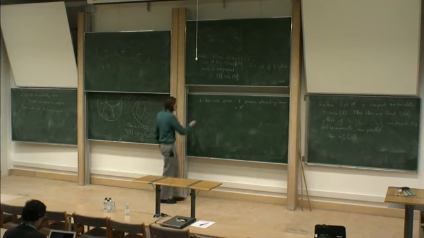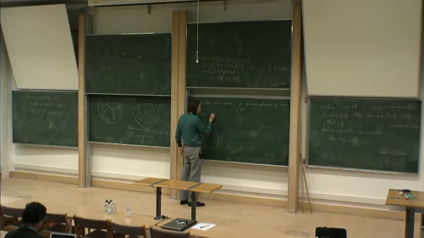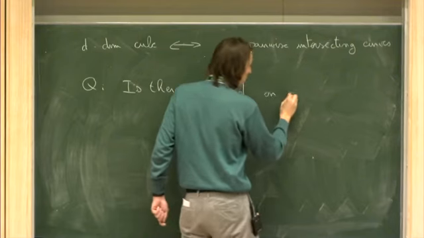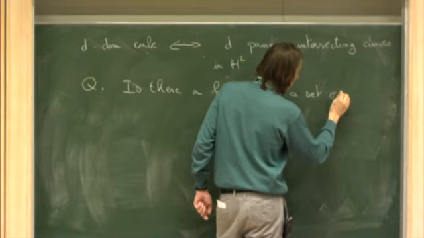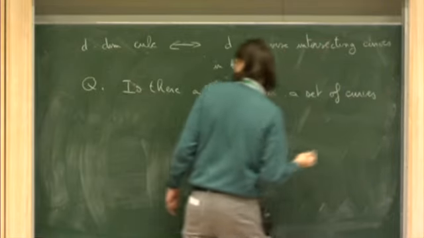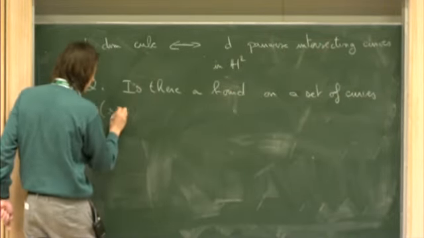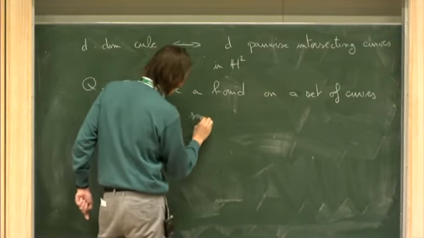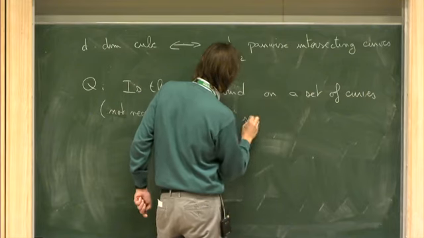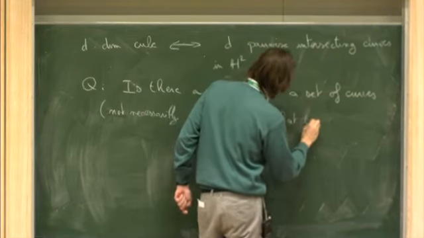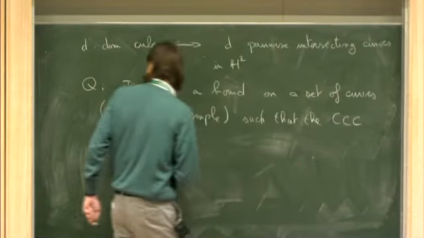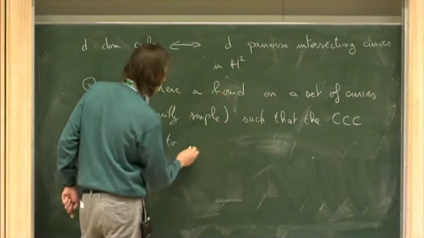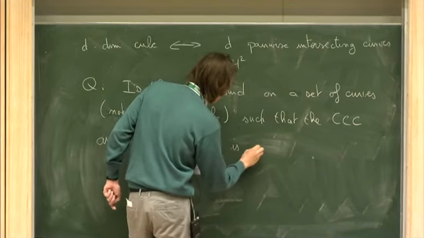We can formulate it like this: is there a bound on a set of curves, not necessarily simple, such that the CAT(0) cube complex associated to the set is d-dimensional?